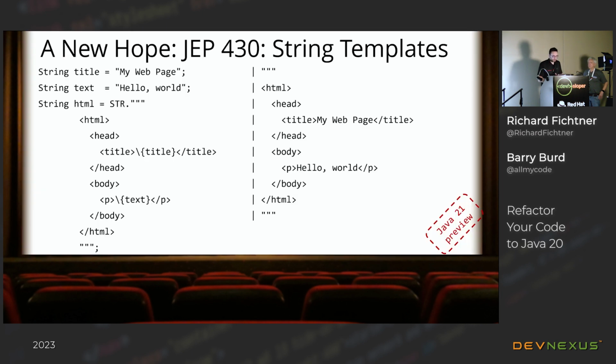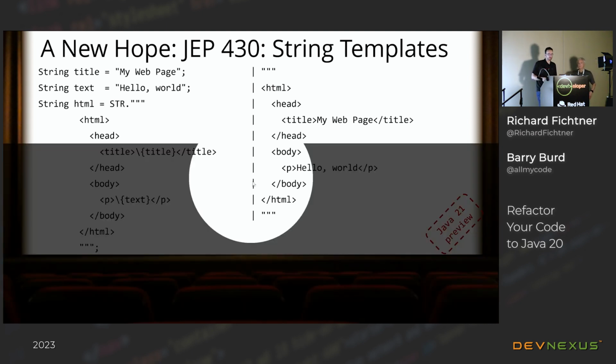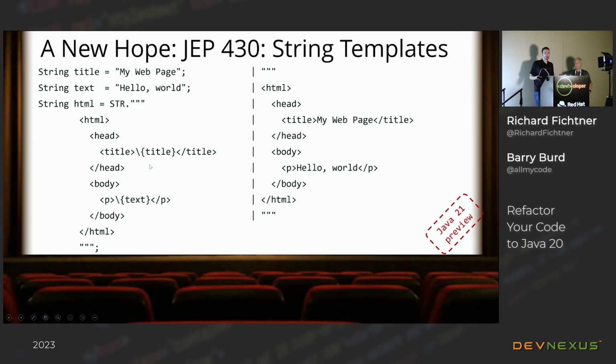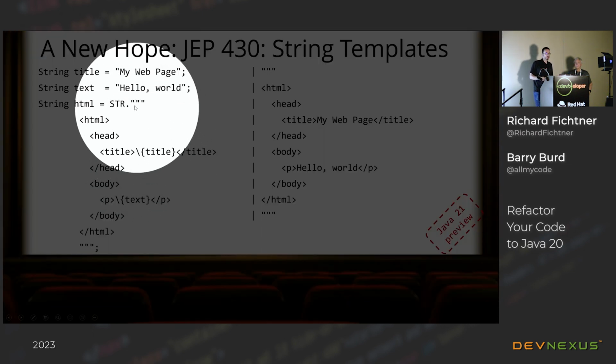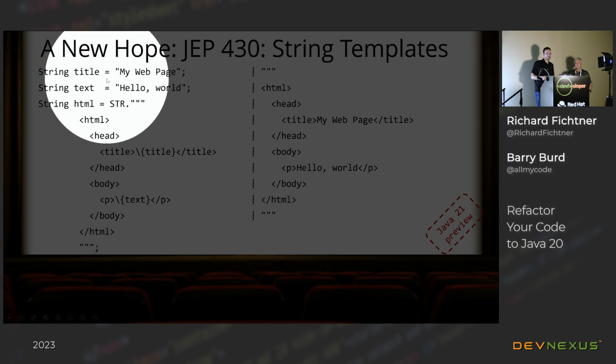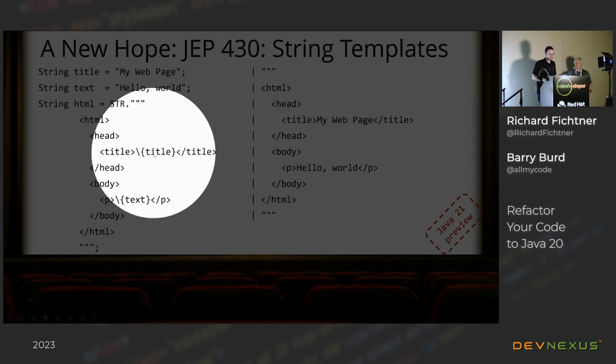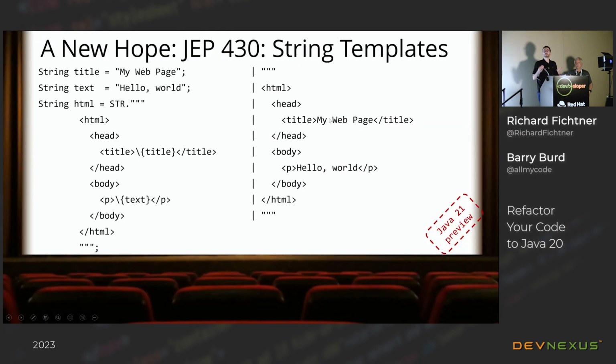In Java 21, so not Java 20, Java 21, we are getting this nice piece of code, and these are string templates, and this will be a preview, so this is not finalized. And as you can see, you can use nice things, placeholders like this, like title and text, and you can render your web page. And as you can see, it will use your local variables here to fill this, and then you get this output where it puts for title, my web page, which is really, really nice.